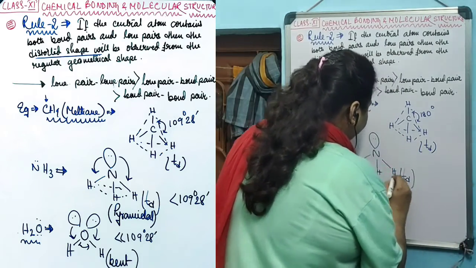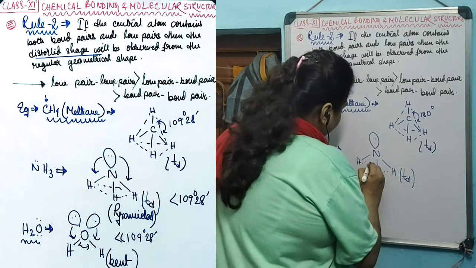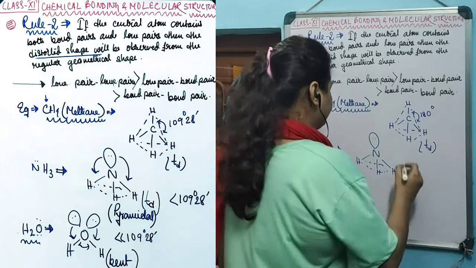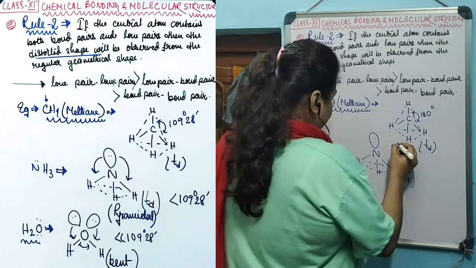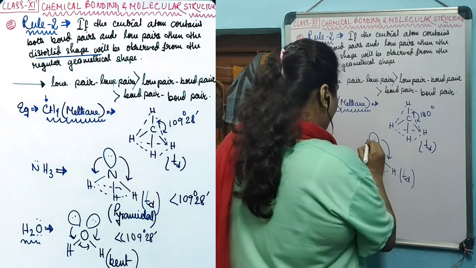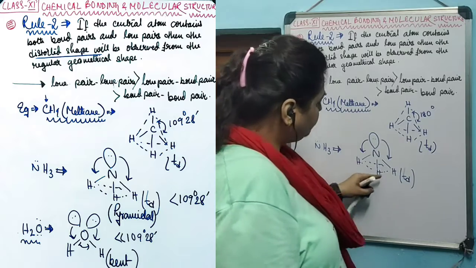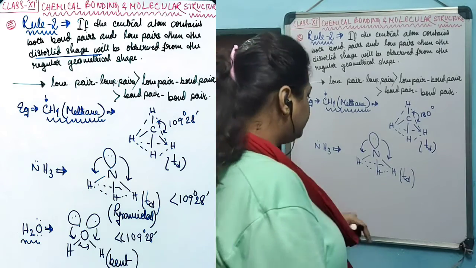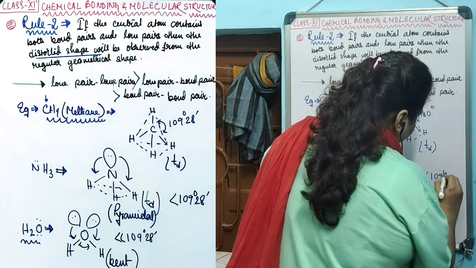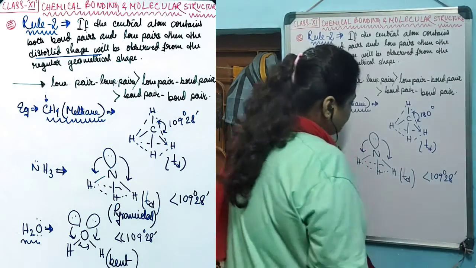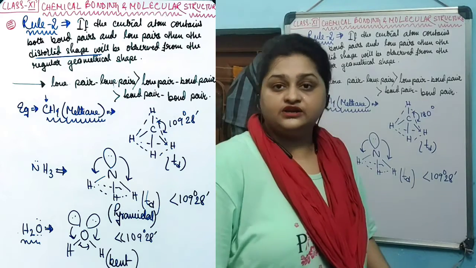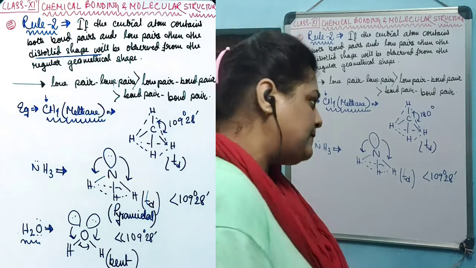So this is also a tetrahedral structure, but it will be a little bit distorted now, as the lone pair will have a greater repulsion onto the 3 bond pairs, creating a bond angle less than 109 degree 28 minute.